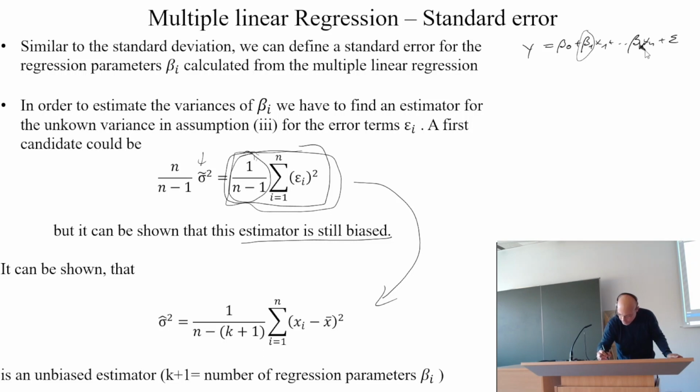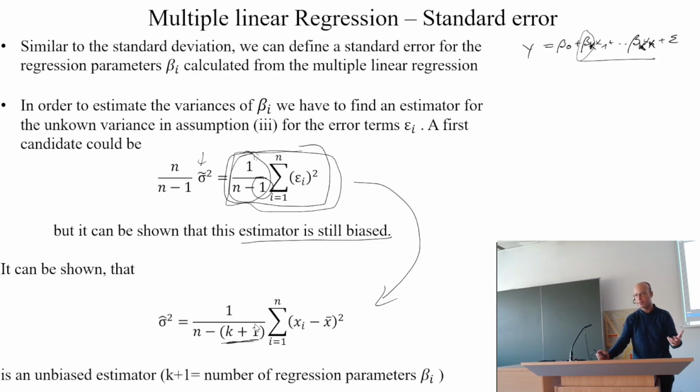here I have to take k for the number of independent variables in our model, that we have to recalculate this and that we do not have to correct our squared sum of the errors by n minus 1, but by n minus k minus 1.